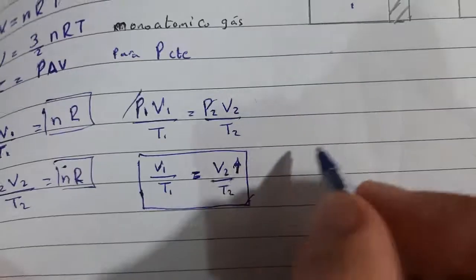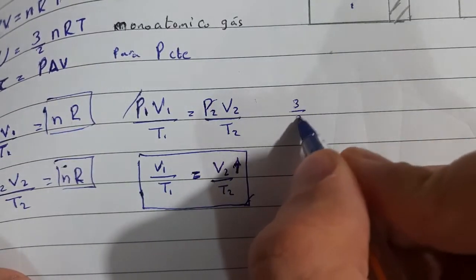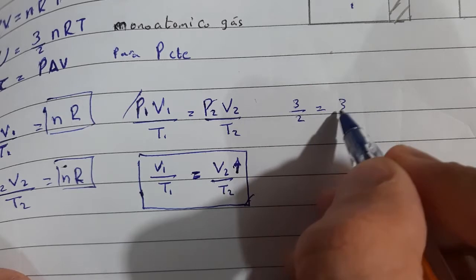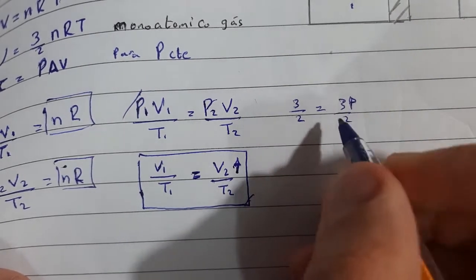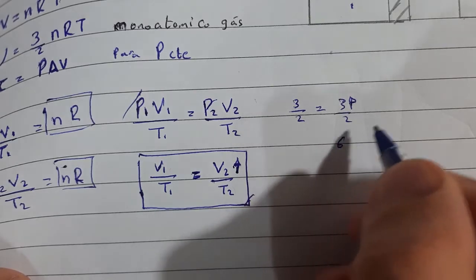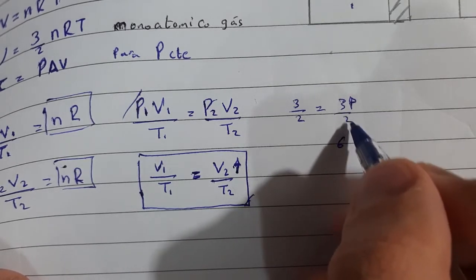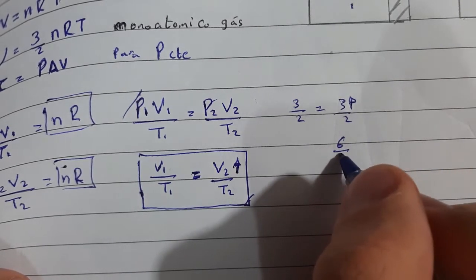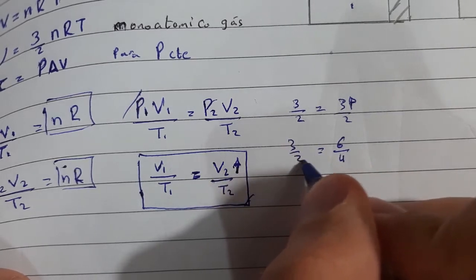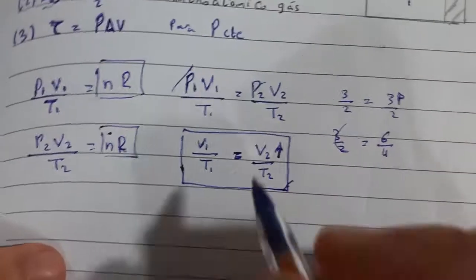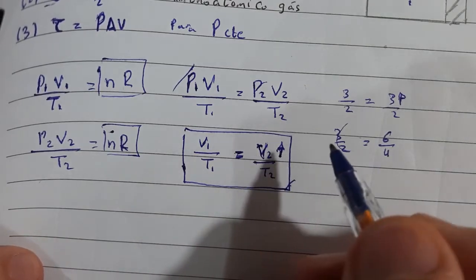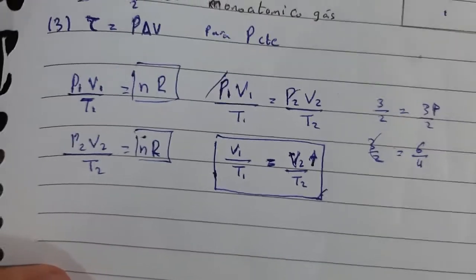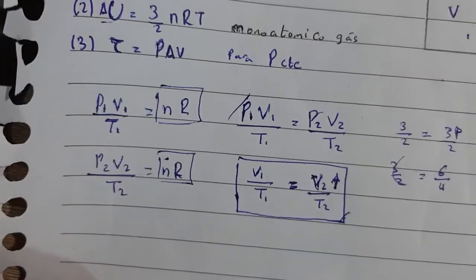If you had 3 divided by 2 equal to 3 divided by 2, and one increased to, let's say, 6, the other must increase together, right? Because you need the equality to be maintained. So if volume 2 increased, temperature 2 needs to increase together.